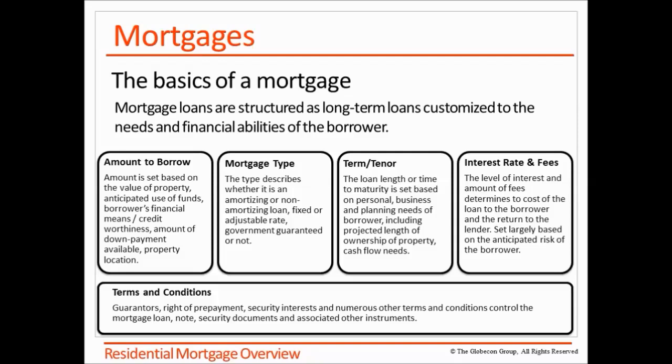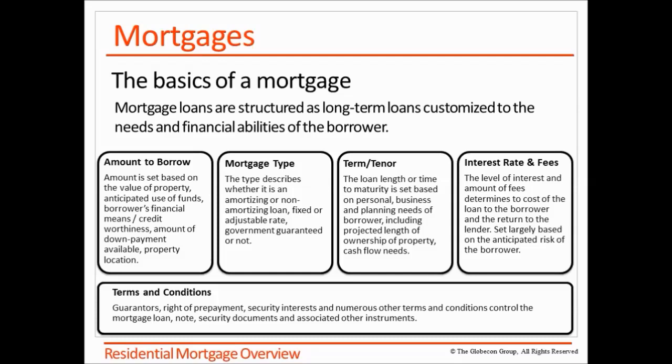This is an amount that's set based on the value of the property, anticipated use of funds, borrower's financial means, creditworthiness, amount of down payment available, property location, etc. The amount to borrow is also called the principal amount, and this is the initial amount that the borrower is going to borrow. So for our example before, if I'm going to go buy a $200,000 house and put $40,000 down, or 20% down, my amount to borrow will be $160,000.